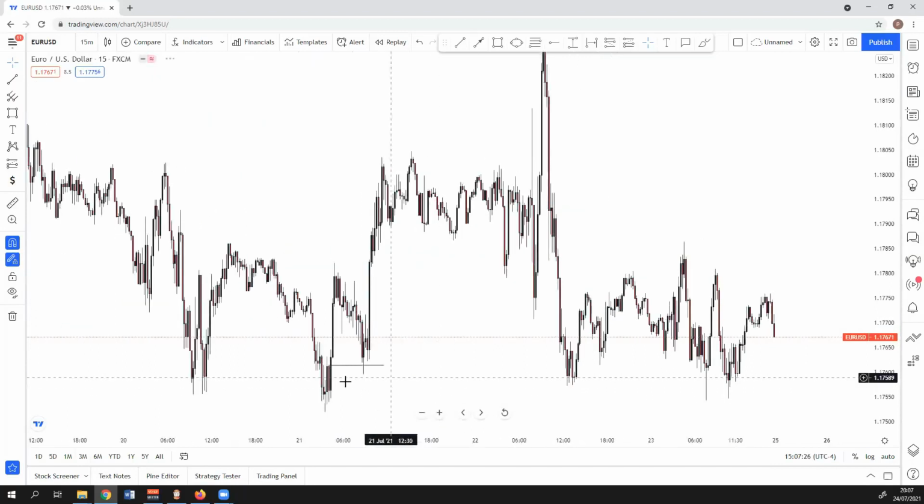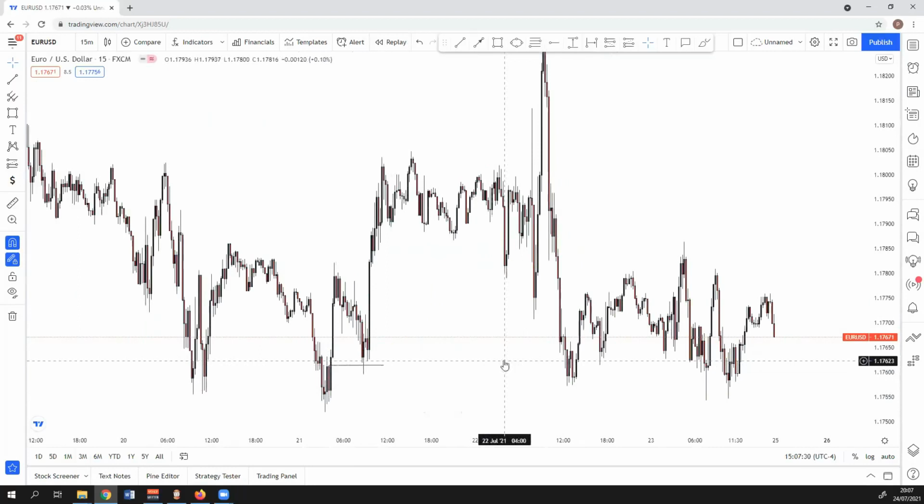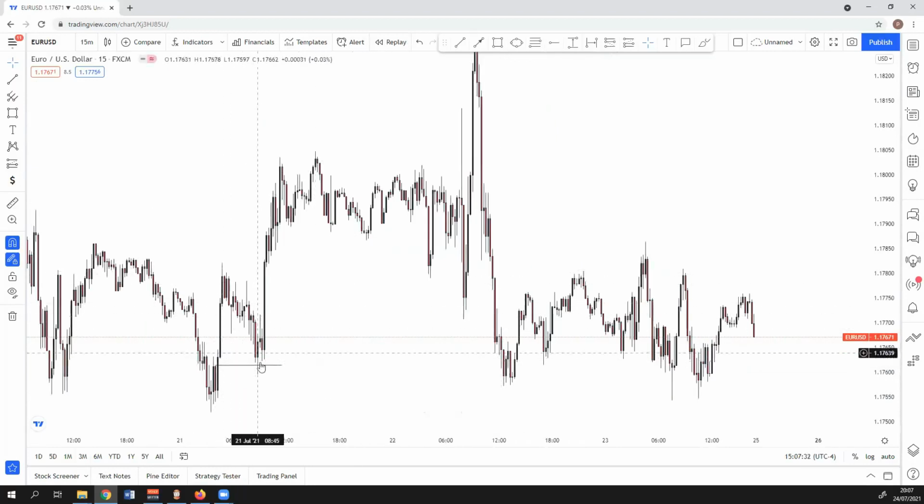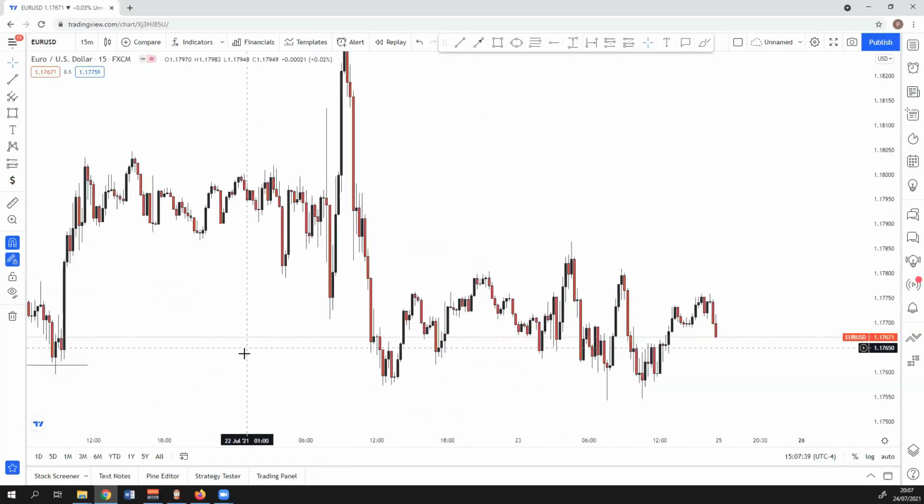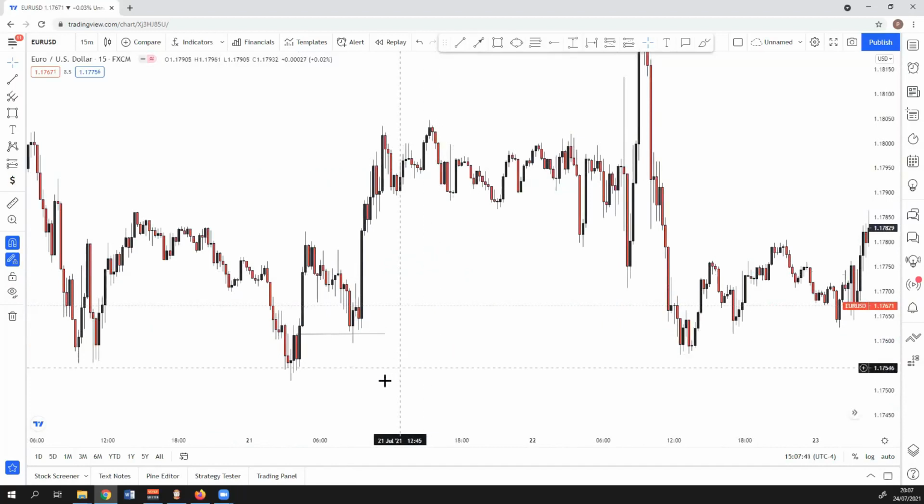Here we had an order block or a demand zone, and we had price running back into that area at a particular time of the day, during New York. It was a news event or a macroeconomic event that gave us the juice required to give us that rally.